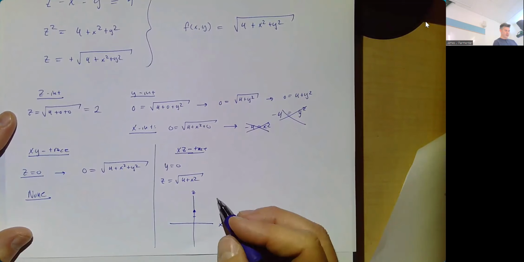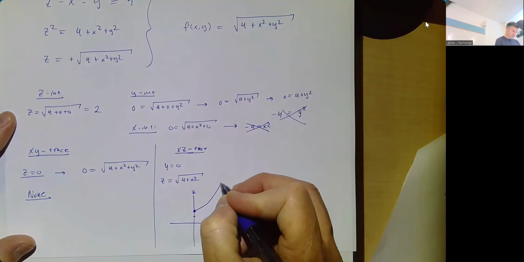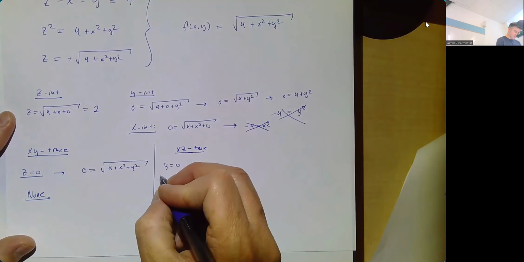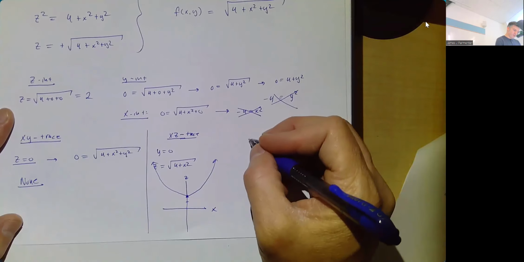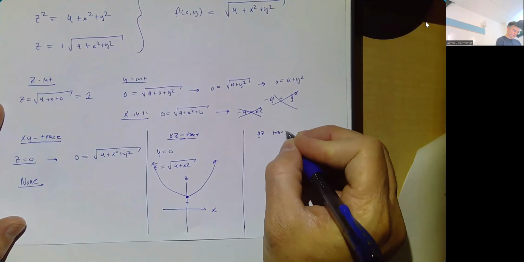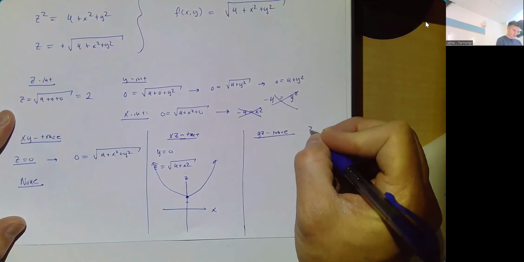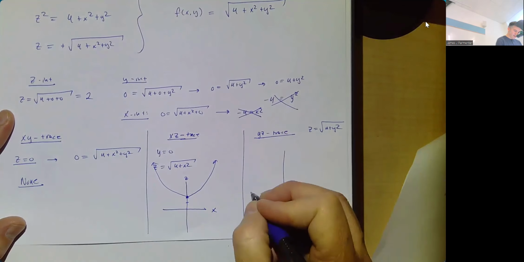And as x gets larger, or negatively larger, z does this kind of deal. And then the same thing for the other one, the yz trace. You're going to get z equal to the square root of 4 plus y squared.